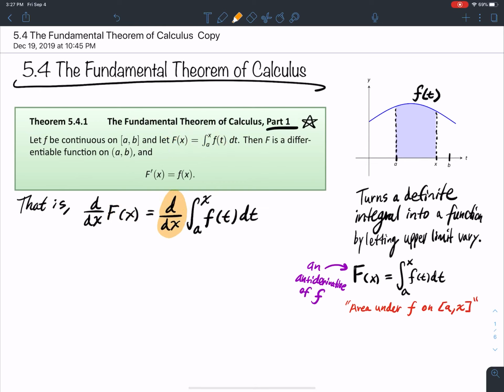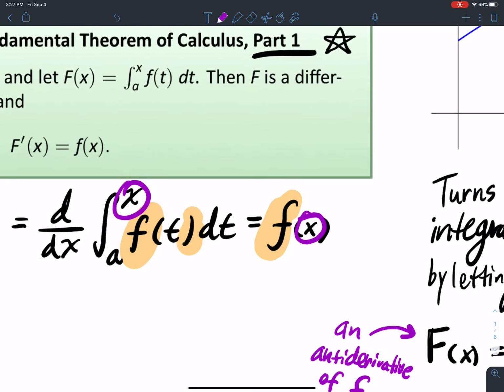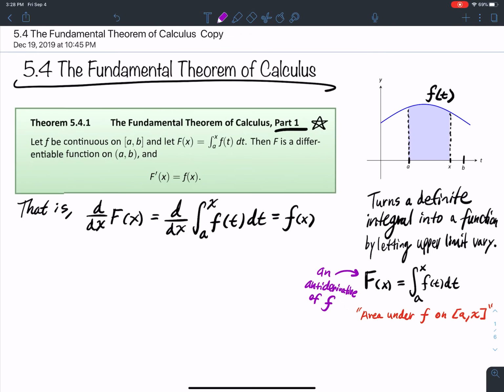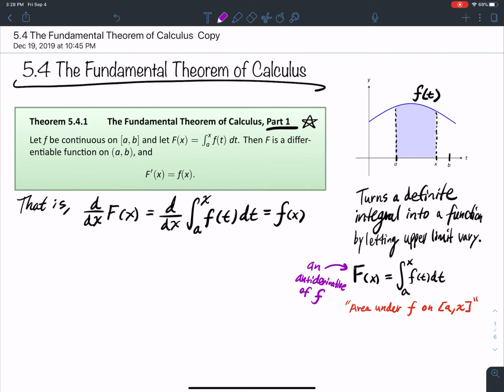So I take the derivative of the integral, and what do I get? I literally get the integrand, but instead of evaluating it at t, I evaluate it at x, which is that variable right there. That upper limit tells me what to put in here. Pretty amazing how it turns such a complicated problem into something uber easy.